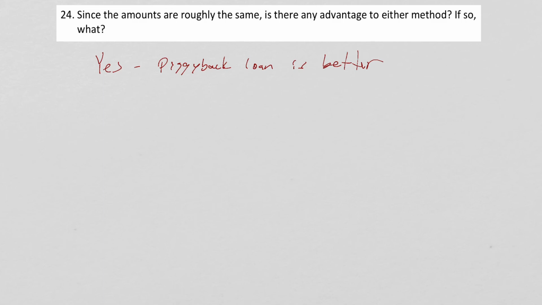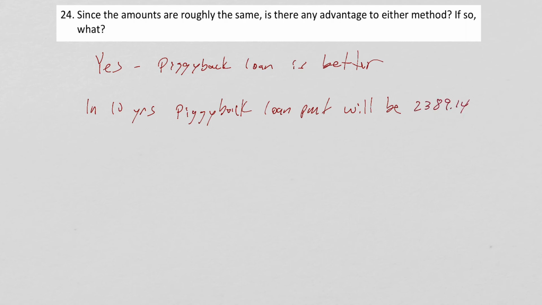So in 10 years, the piggyback loan payment will be $2,389.14. Okay?